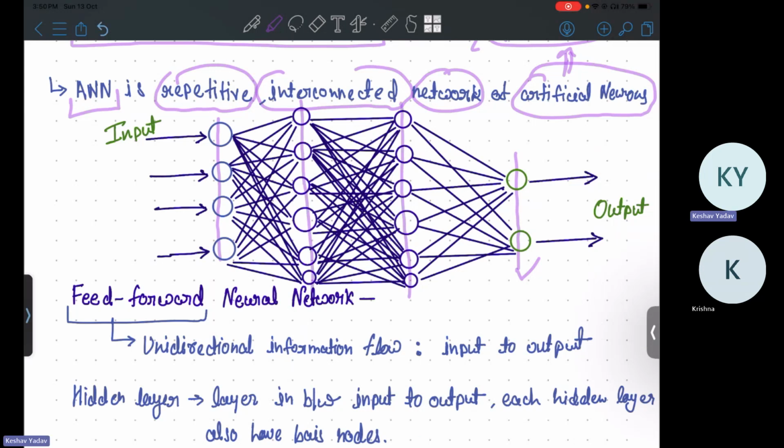Each of these nodes is an artificial neuron. So what is each node doing? Each node is calculating its own weights and biases, and it takes some input and provides some output.